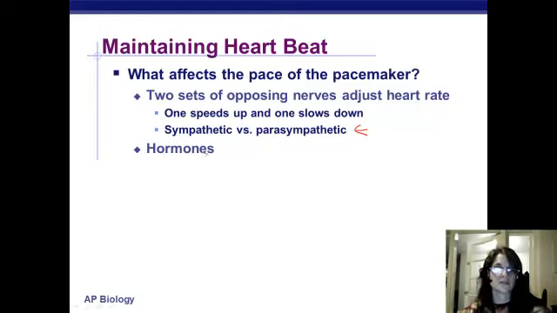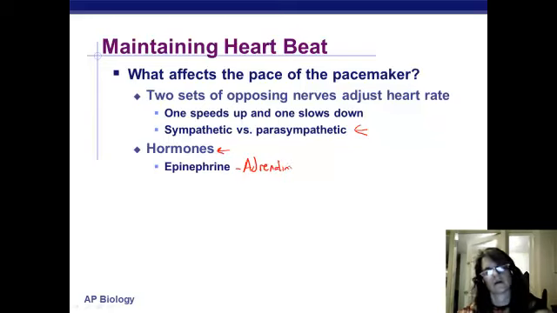Also, hormones can affect the heart rate as well. If you remember, we've talked about epinephrine or adrenaline. Remember, epinephrine is just the more proper term for adrenaline. I don't know why they had to change it, but okay, I'm not even sure how to spell that anymore.